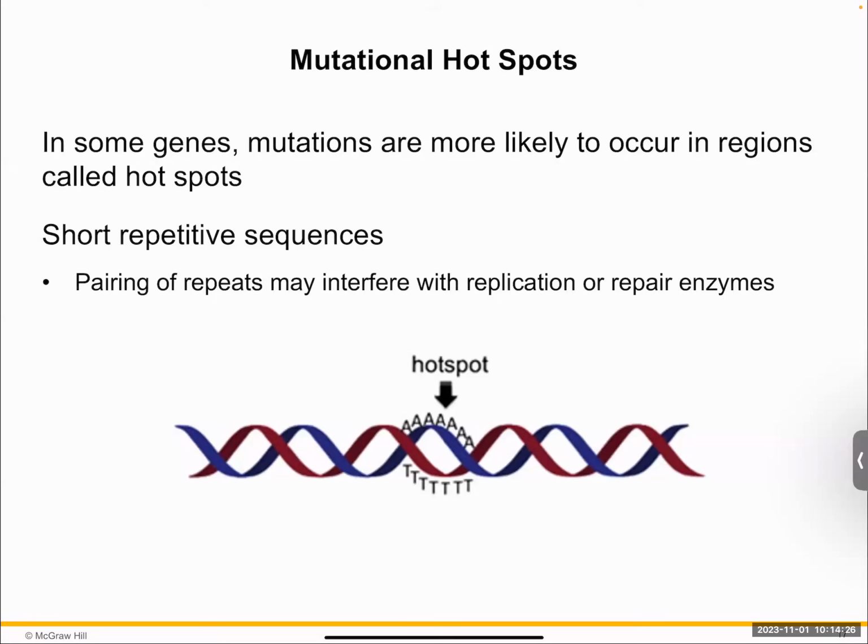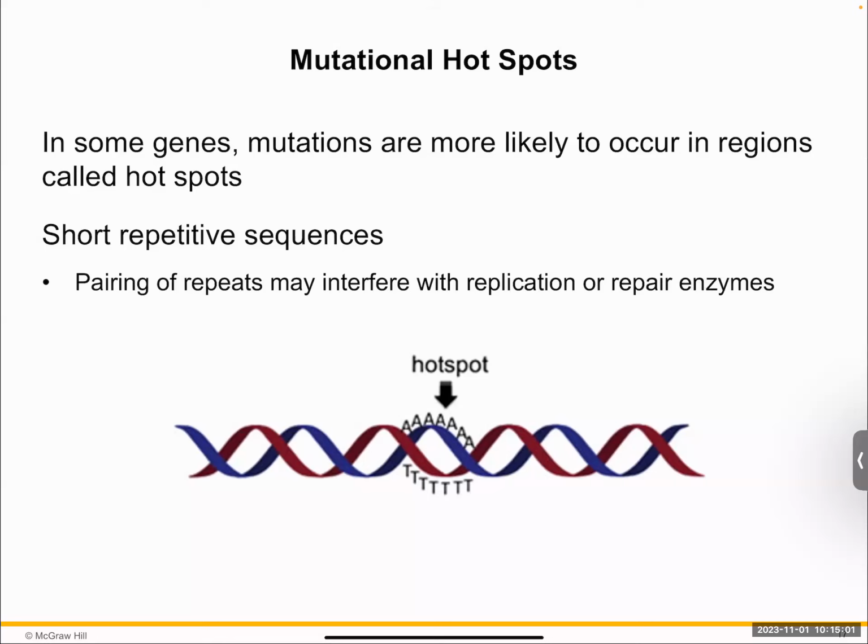Now, if you look at the sequences of your DNA, there are regions that are going to be more susceptible to mutation. Most of these regions are where you have a short repetitive sequence, like, as described here, a sequence of A's or T's, depending on which sequence you're looking at. That repetitive sequence interferes with proteins and enzymes that are responsible for fixing any problem with the genetic information, and basically delays or stops the repairing process.